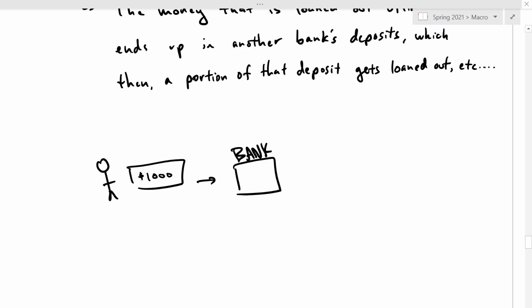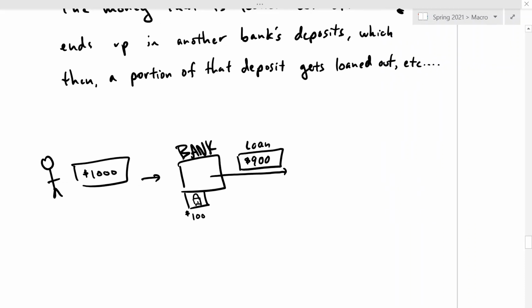The bank, they take some of that down to the basement, to the reserves, and they're going to put 10% of that in reserves. That's $100. And the rest is going to be made as a loan for $900 to the next person.